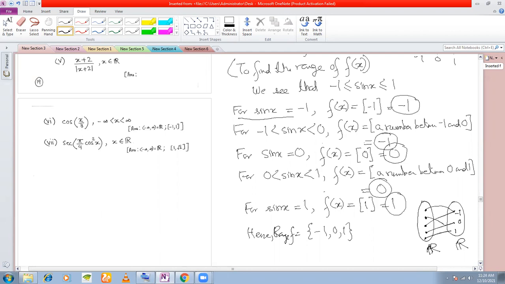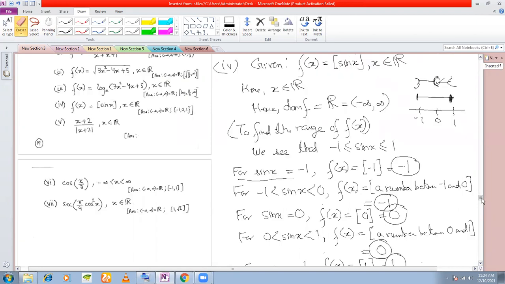You can take any number of values you want, but they will definitely be mapped to only these 3. So that is why the range of f consists of only these 3 values. Fine. We'll see the next problem now.